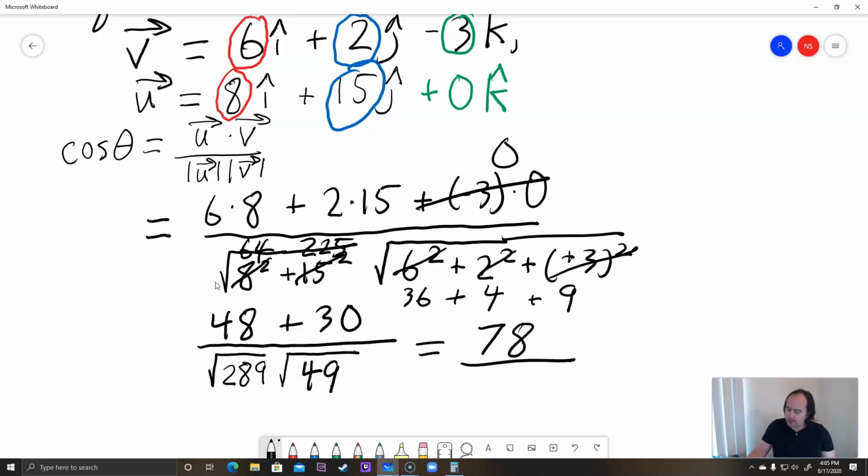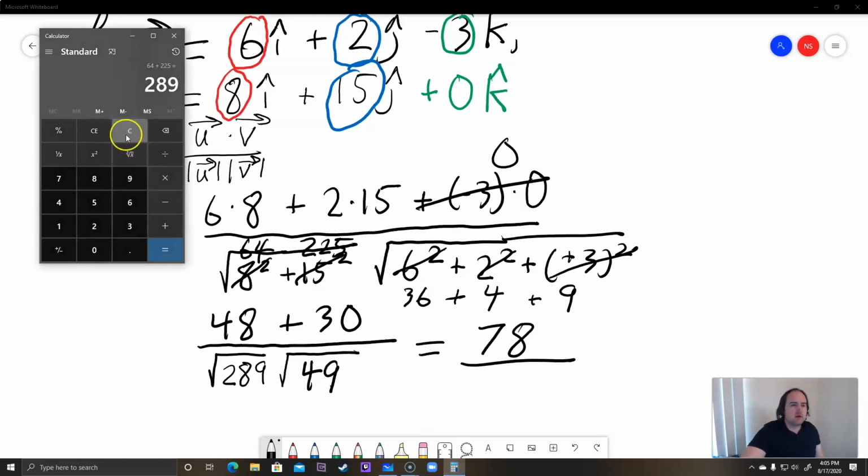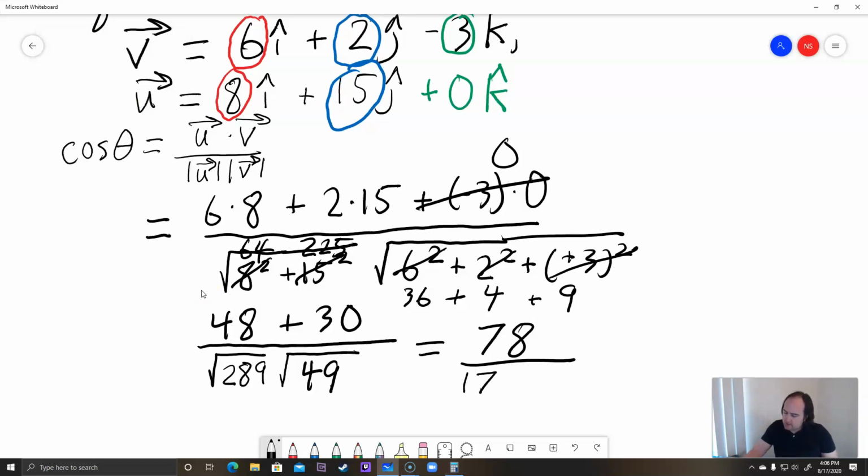And then on the bottom, we have the square root of 289. Now the square root of 289, if you can't do that in your head, you can go back to your calculator, type in 289, and then press the square root button, and it turns out that it's actually 17. Okay. So on the bottom we're going to have 17, and then the square root of 49, as most of you know, is 7. So on the bottom we'll have 17 times 7.